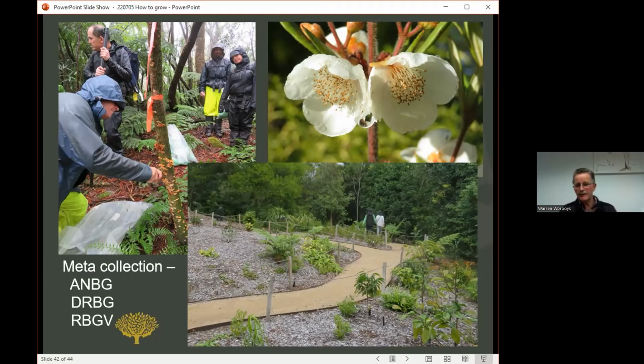So the meta collection of this material that we collect at the high mountain peaks, there's plant material being grown at the ANPC, the Dandenong Ranges Botanic Gardens, the Royal Botanic Gardens Cranbourne, and Melbourne Botanic Gardens.